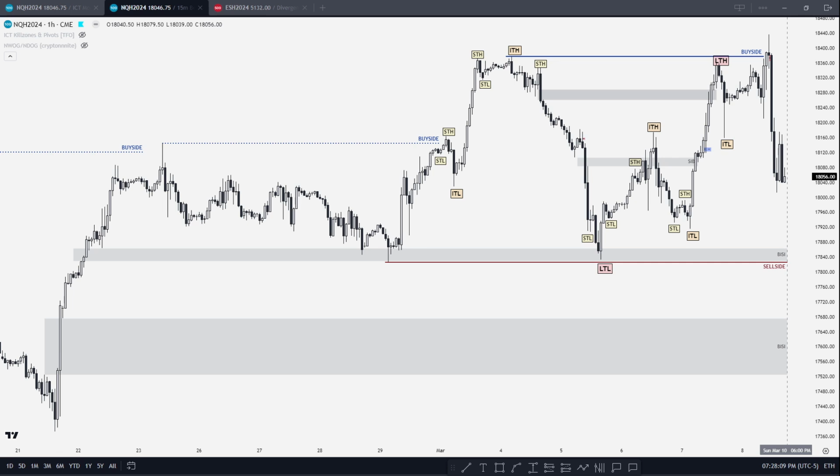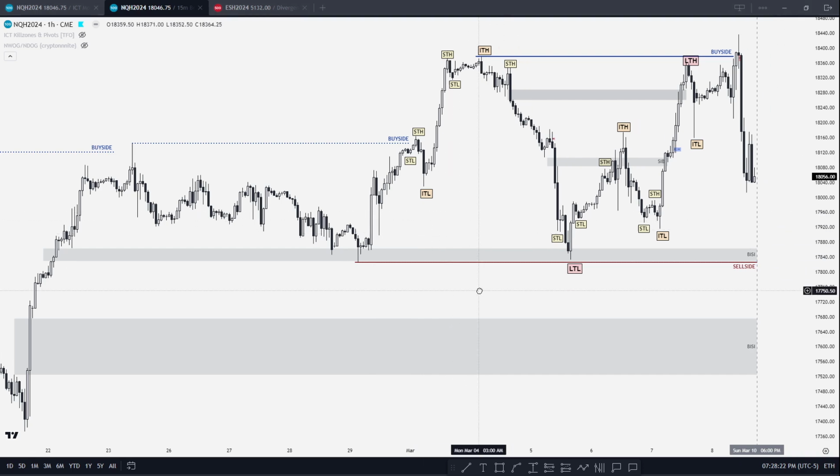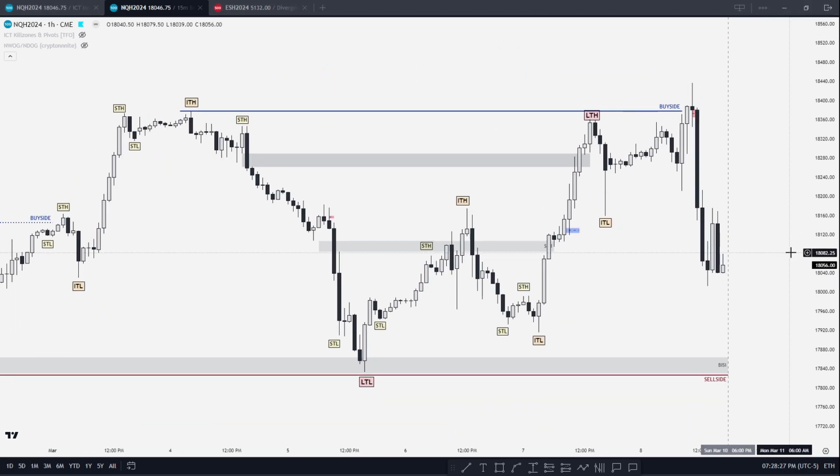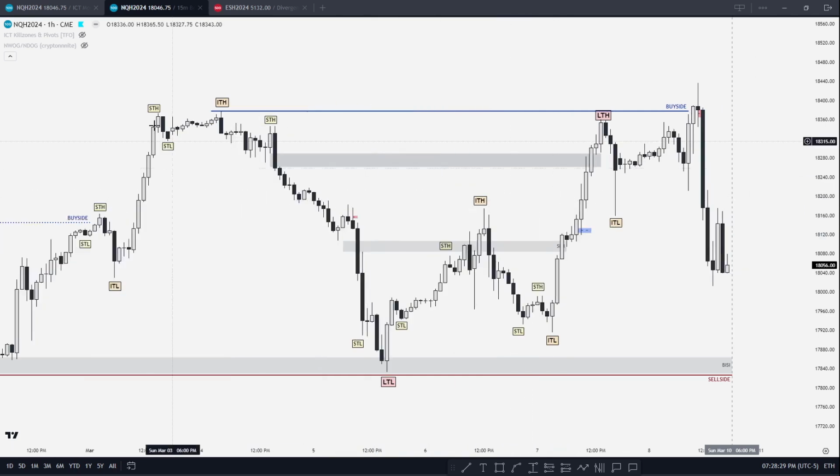Now, your highest probability single Judas swing expansion or your market maker models are going to happen on 8:30 news days or on days that don't have news and don't have news the next day. So your 9:30 true open with no 8:30 the next day, which does happen rarely.